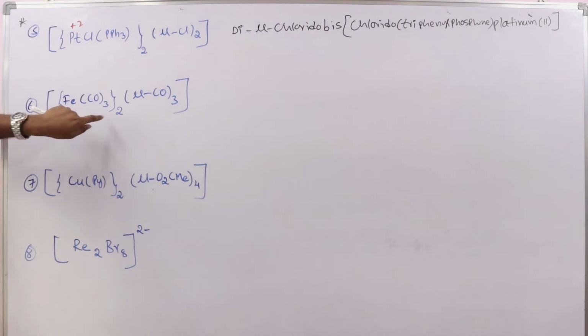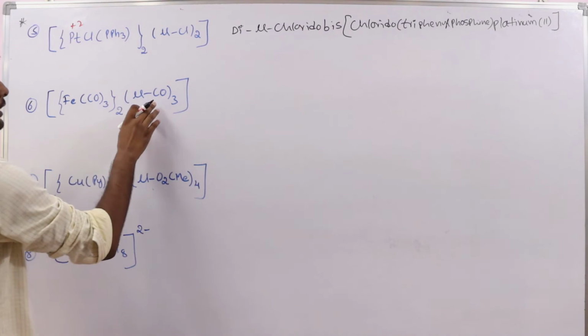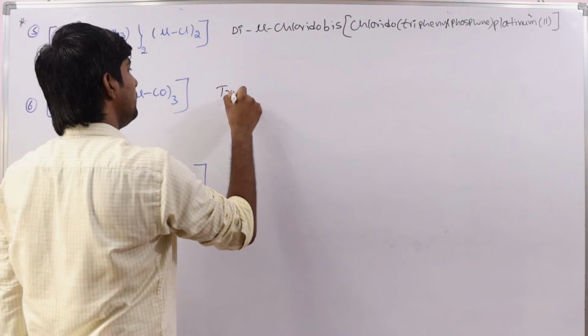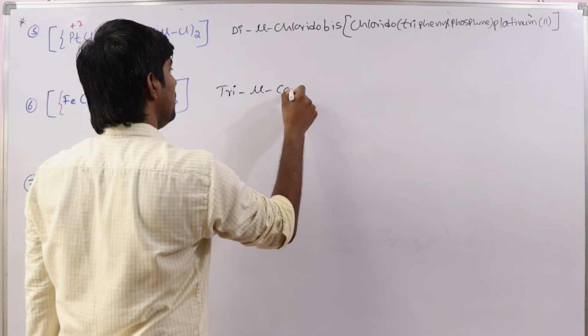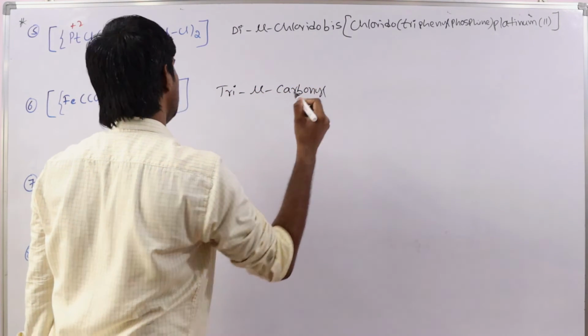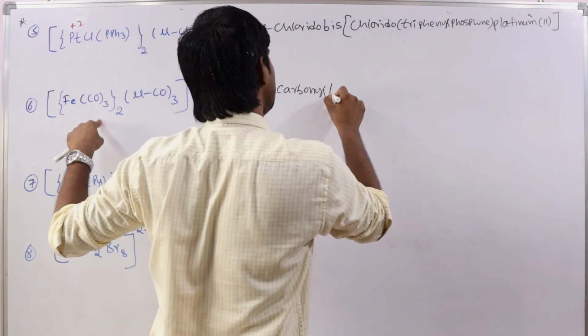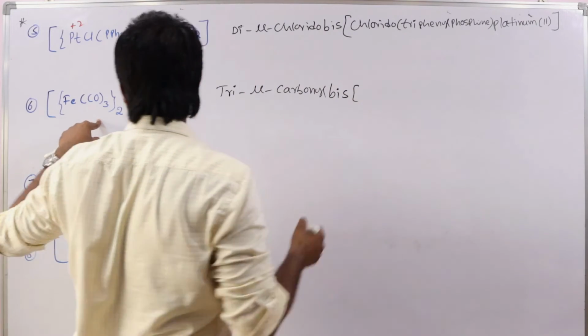Next, see this. Here carbonyl is the bridge ligand, so trimu-carbonyl. Next, this unit is repeating 2 times, so bis.